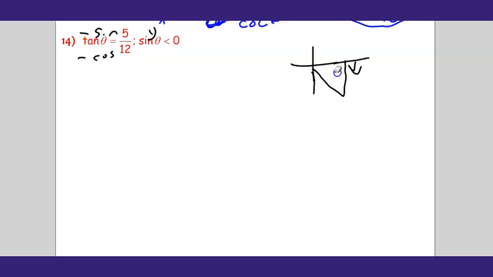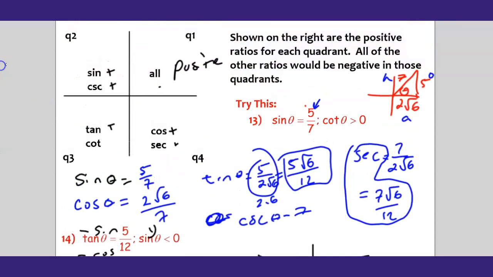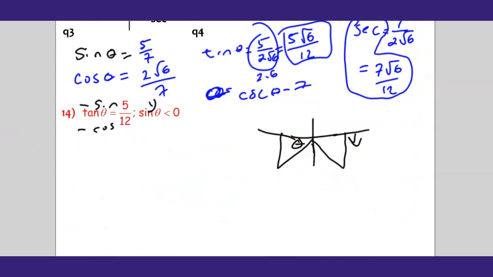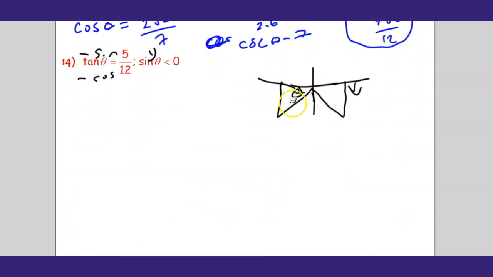Negative over negative. Actually, it's not in that quadrant because that's positive. It's negative over negative, so it's over here. Again, you can memorize the chart: tan is positive over here. Negative sine, positive tangent. This quadrant.